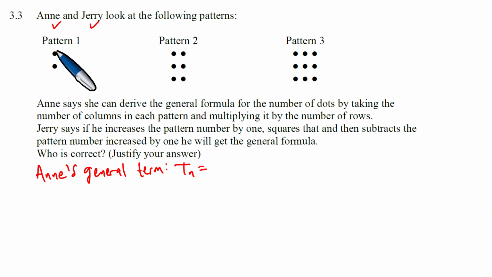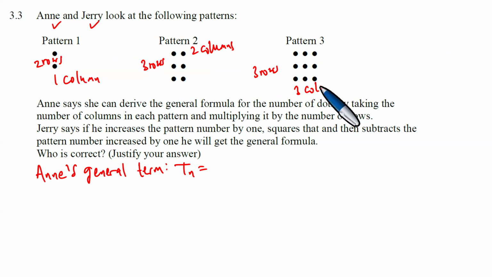Like at this point, there is 1 column, and how many rows are there? 2 rows. Here you have 3 rows and 2 columns. Here you have 3 rows and 3 columns.